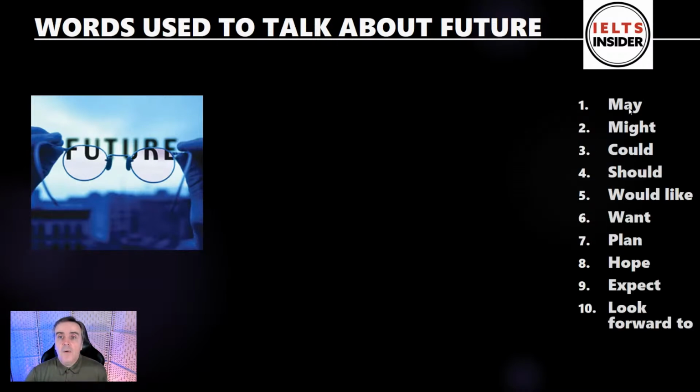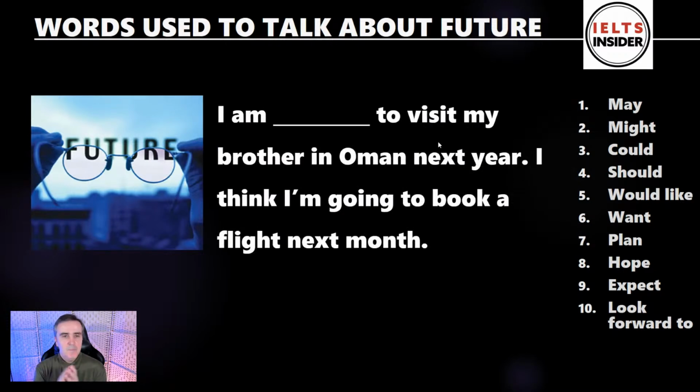So these are our choices: may, might, could, should, would like, want, plan, hope, expect, and look forward to. And here is our first sentence. I am something to visit my brother in Oman next year. I think I'm going to book a flight next month.